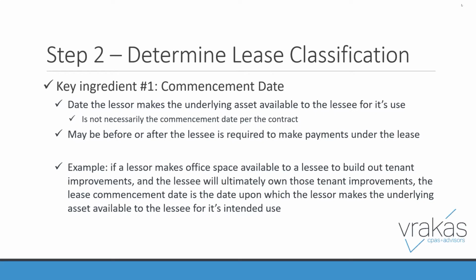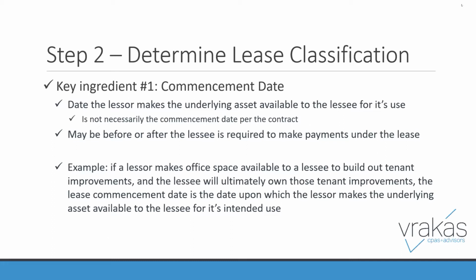Commencement date. This might seem very straightforward because you're probably thinking, well, my lease has a start date, but that is not necessarily the commencement date under the standard. The commencement date is actually the date that you get access to this asset that you're leasing. Again, let's use office space as an example.